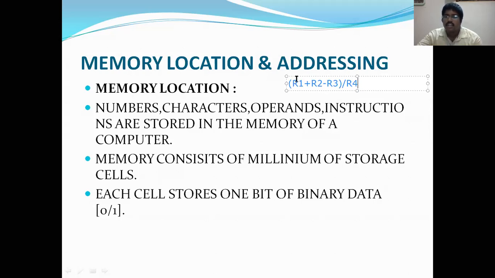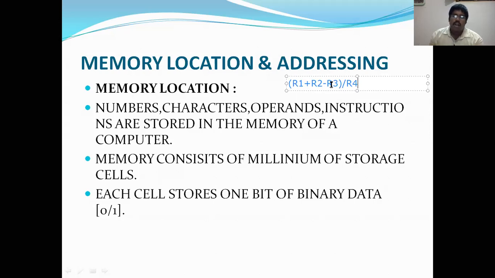R5 is a register. Registers also need to be stored in the memory itself. Next, whenever I subtract the R3 value from the R5 value, I am going to get some value that is also to be stored in the register. Next, whenever I divide by R4, I am going to get some other value which needs to be stored in some memory location.